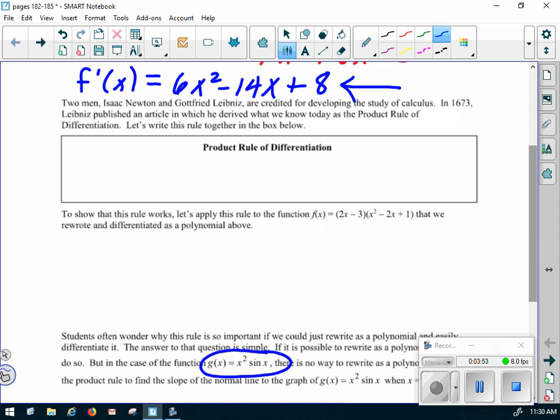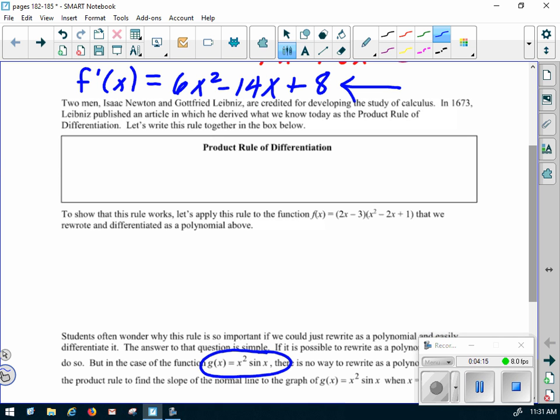I don't even know what to say. Now, they did not know each other. Yes, I'm sure. Separately, close to the same time, they were developing calculus. But one didn't know the other one was doing it.